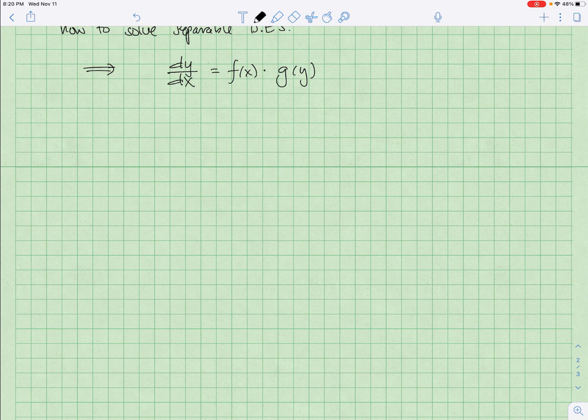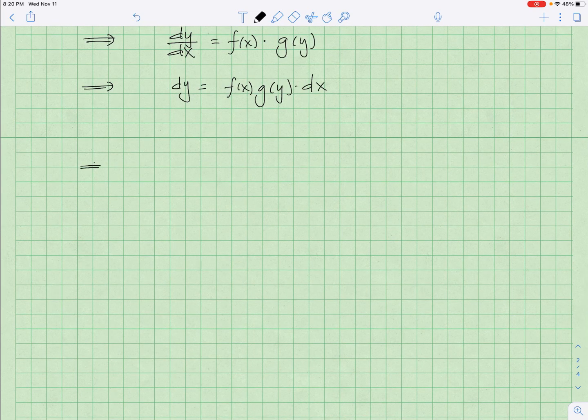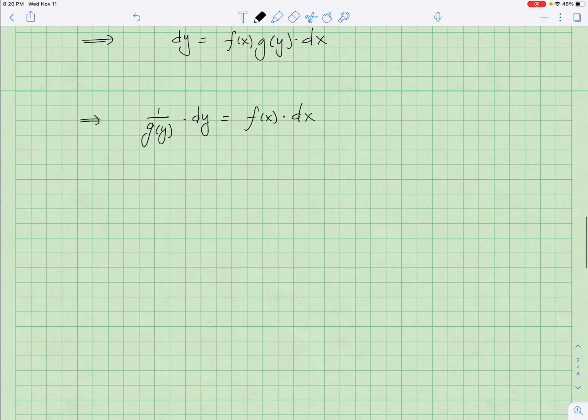That is to say, we're going to multiply both sides by the differential dx. So we get dy is equal to f of x, g of y times dx. And then we're going to divide both sides by g of y, so that we have 1 over g of y times dy is equal to f of x times dx.